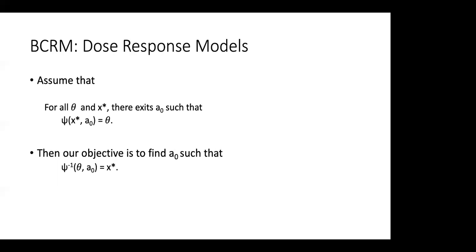Then our objective is to find this number a0, or alpha 0, so that we can find the MTD X star.